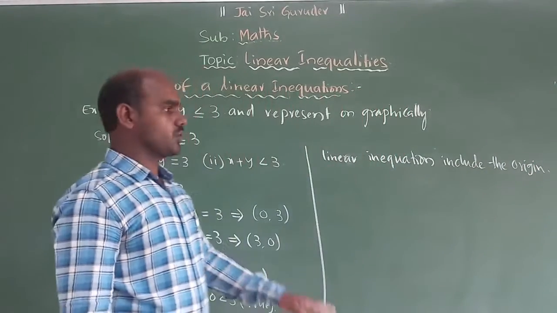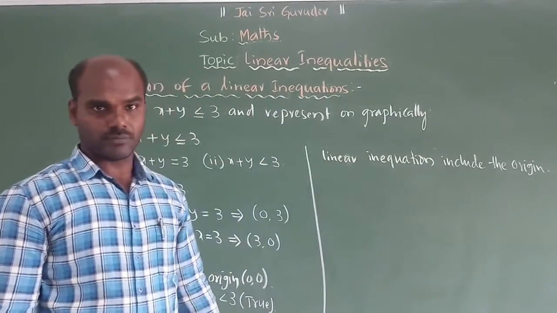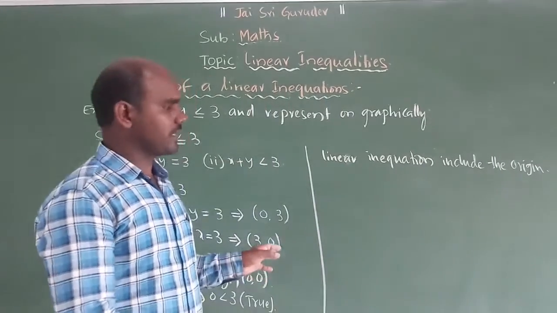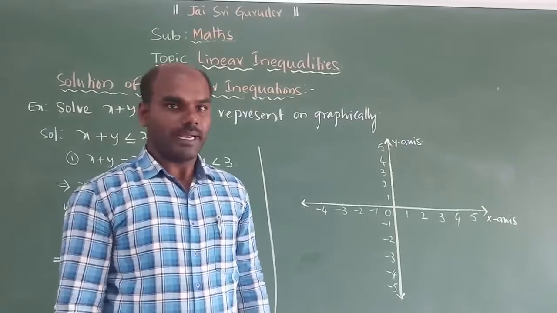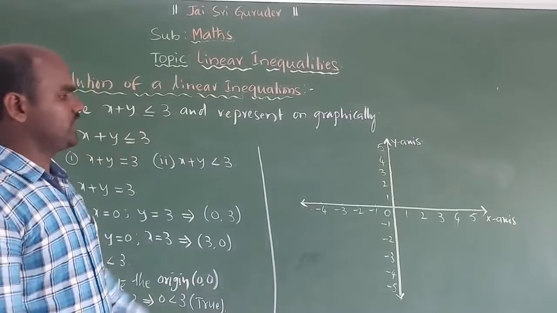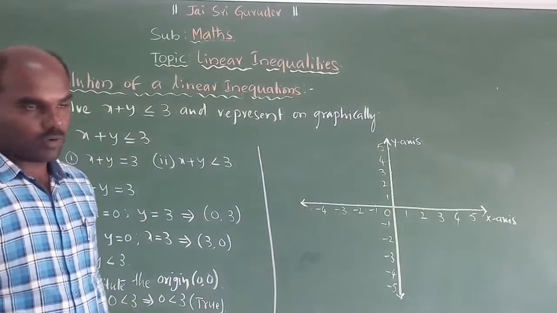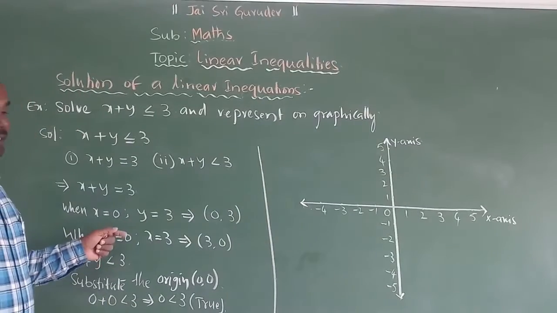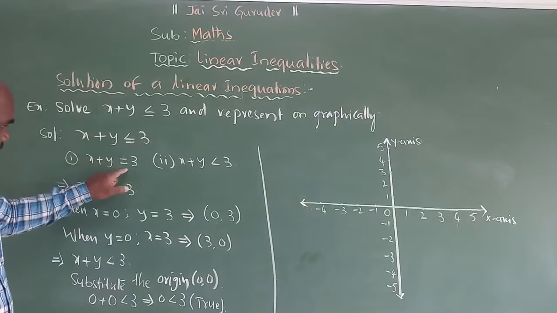Now we have to plot these values on the graph, with the x-axis and the y-axis. Dear children, the solution we have to show on the Cartesian plane. First, the pair of points for x plus y is equal to 3.